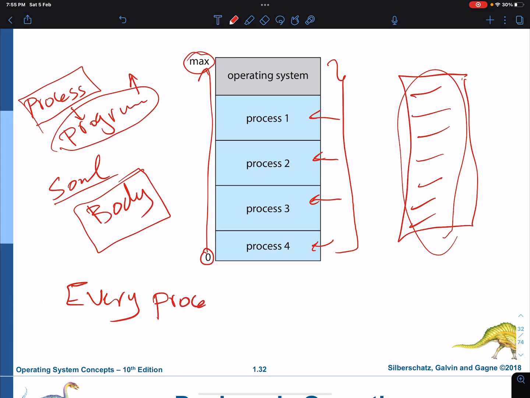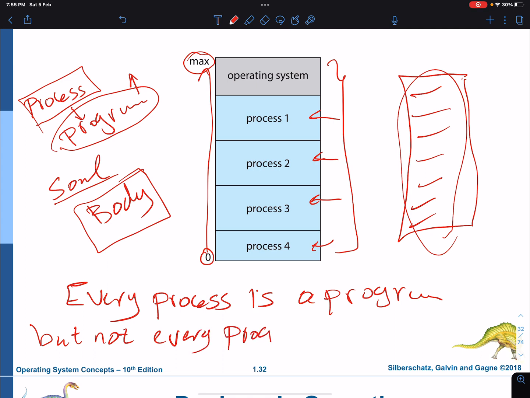So every process is a program, but not every program is a process.